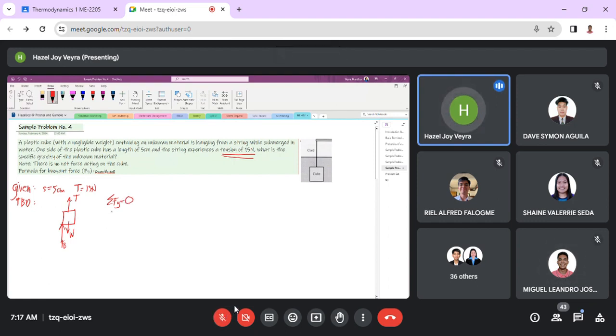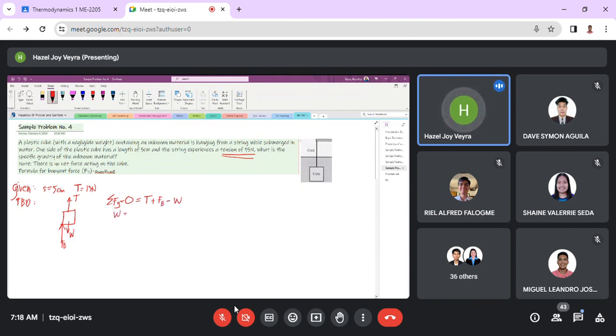Correct. So whenever an object is at rest, then the summation of forces acting on the object is always equal to zero. And then we'll now write the forces. So all upward forces are positive and all downward forces are negative. So we have here tension plus the buoyant force, minus the weight.